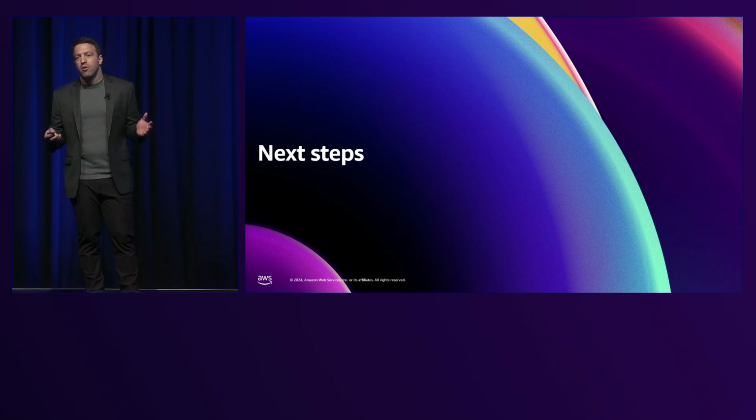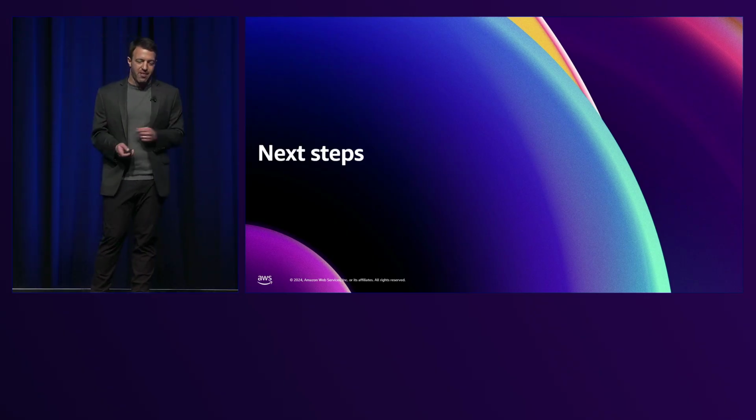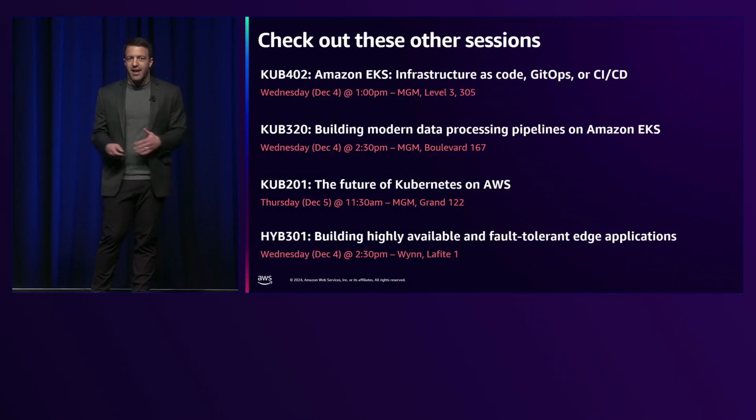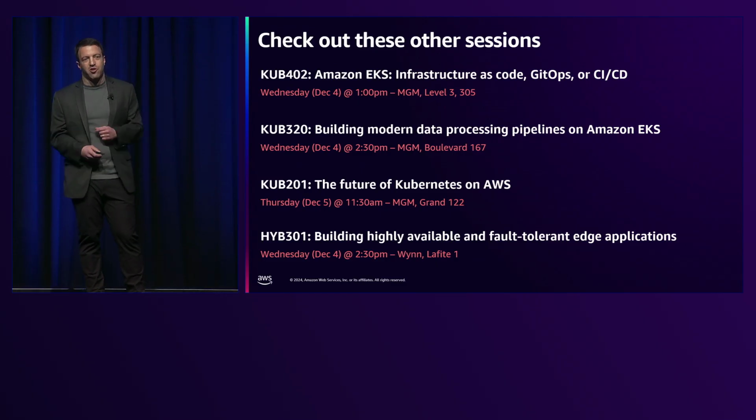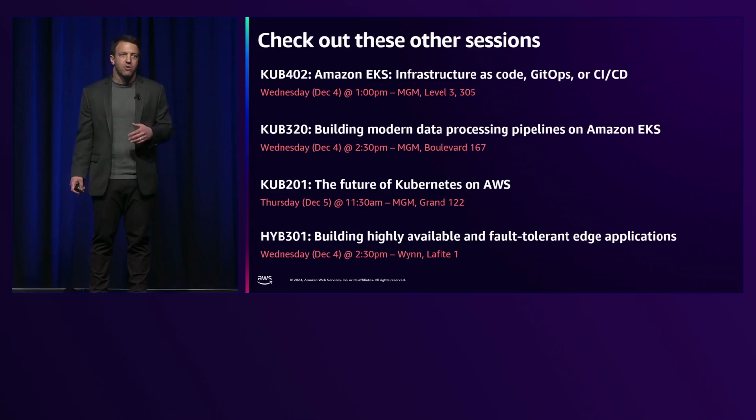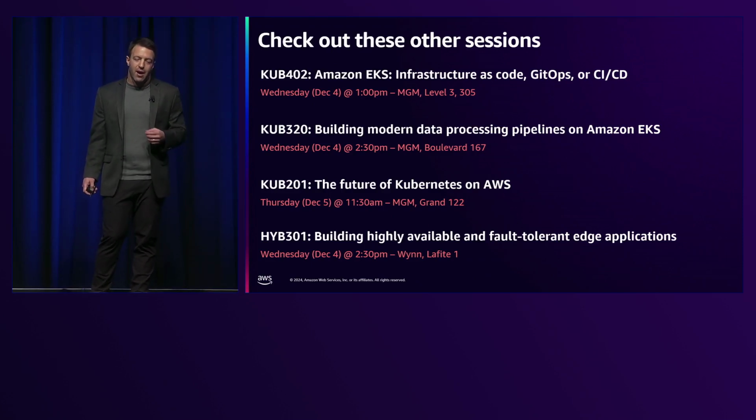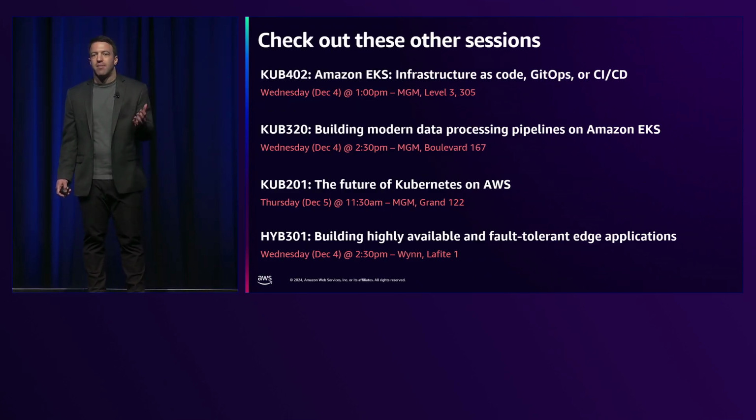Now, how can you learn more about EKS through the rest of re:Invent and thereafter? First, go and attend these other amazing sessions on the Kubernetes track. At KUB310, you're going to learn about various architectures for building and deploying workloads on Amazon EKS with Amazon ECR and automations.